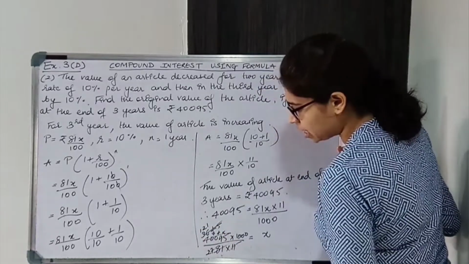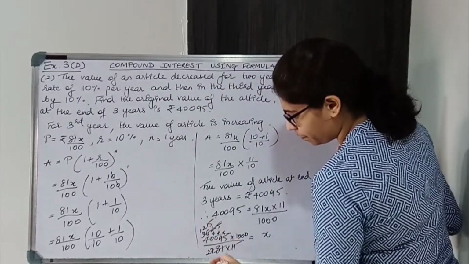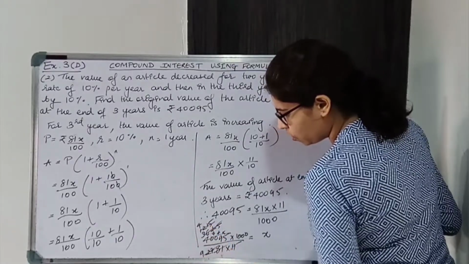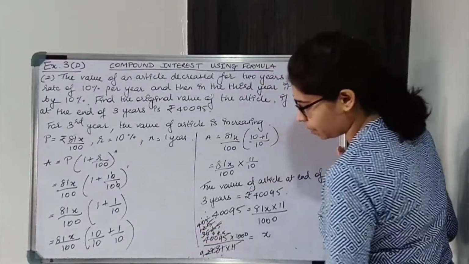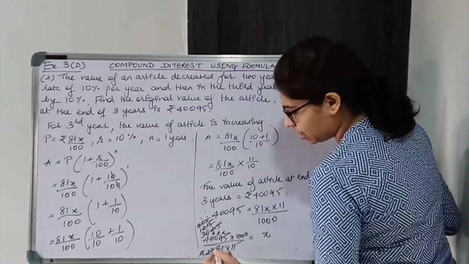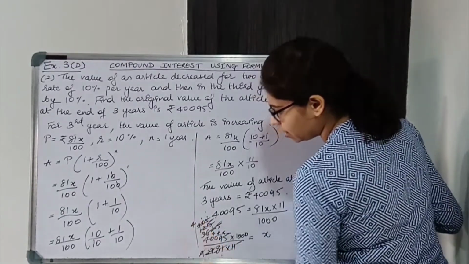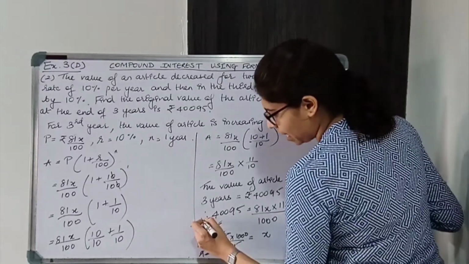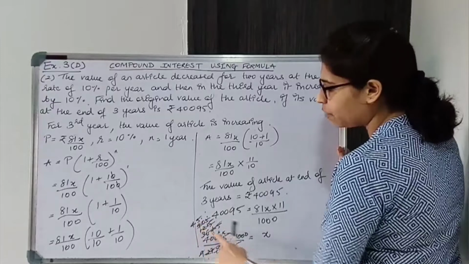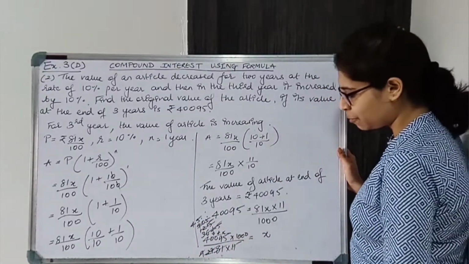Let's try by 3 again. Okay, again let's try by 9 only directly. 9 4s are 36 and 4 remains, so 9 5s are 45. So we get 45 into 1000, that is nothing but 45,000.